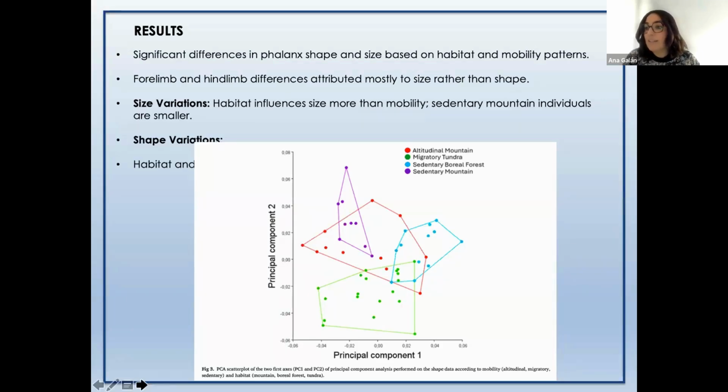Meanwhile, the sedentary boreal forest specimens are more dispersed from the middle to the right, with a slight downward tilt along PC2, indicating variability in phalanx shape, and some overlap with the migratory tundra group. And the migratory altitudinal group occupies a moderate central position, reflecting a balance of the traits measured.